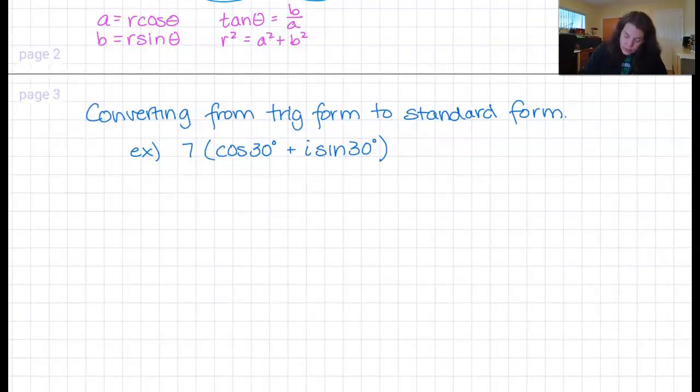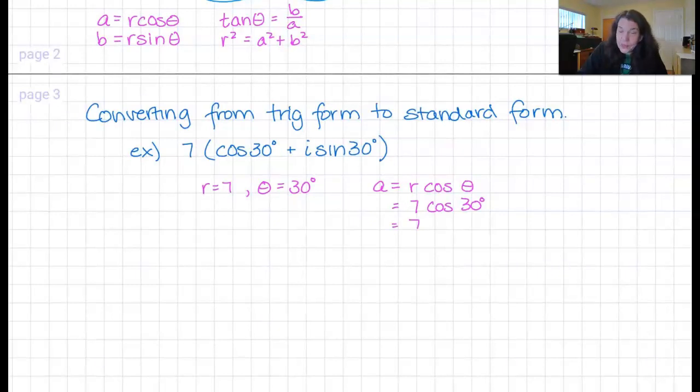For instance, r is 7, theta is 30 degrees, and so a is r cosine theta, which is 7 cosine 30 degrees. Hopefully you still remember your values. The cosine of 30 degrees, I had to think about it for a second, is root 3 over 2. And so a is 7 root 3 over 2.